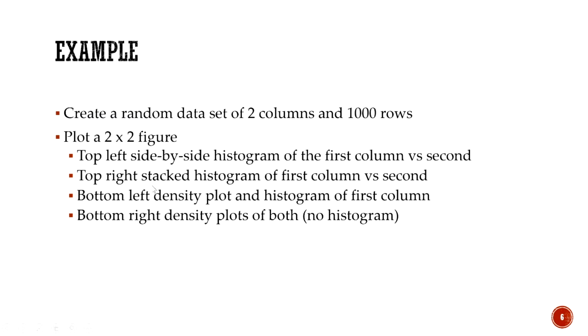Top right, a stacked histogram of first column versus second. So you can see the difference. Bottom left, density plot and histogram of the first column. So we want to have both for the first variable. And the bottom right, density plots of both, no histogram. So it's a good practice. Then we can use all the functions we just discussed.